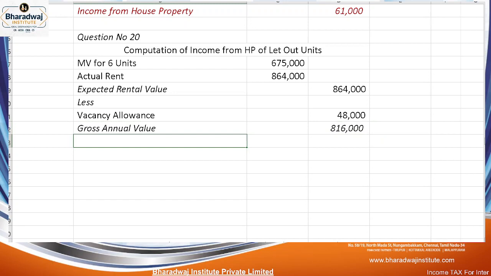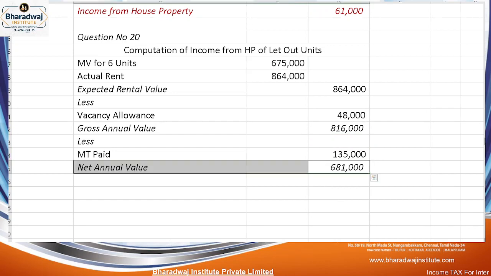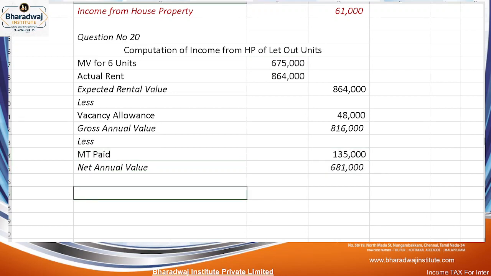Then municipal tax, also worked out proportionately: the municipal value for 6 units is 6,75,000, into 20%, that is 1,35,000. Gross annual value minus municipal tax for these 6 units gives us net annual value.